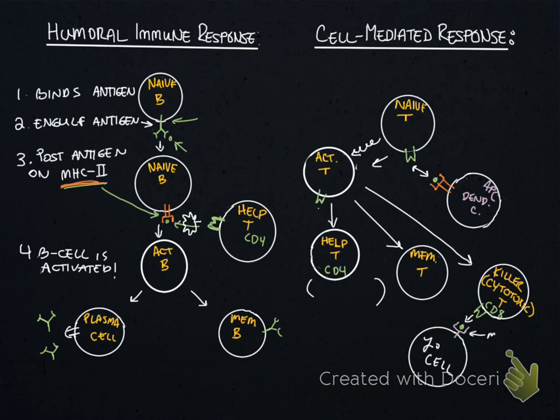Remember, that is found on all nucleated cells. It finds the antigen on the cell and then initiates apoptosis. So this cell then goes through apoptosis, or controlled cell death.